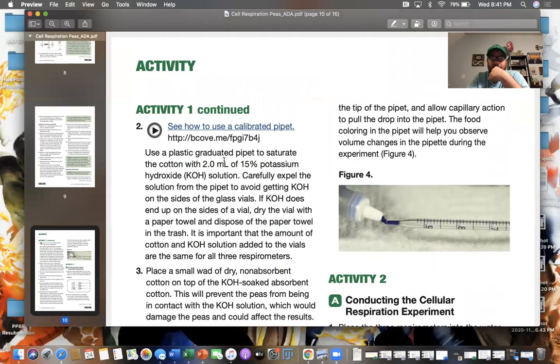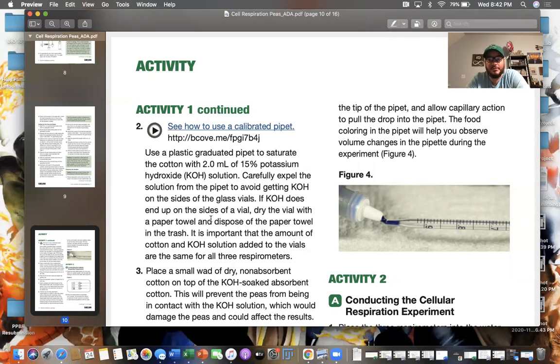Use a plastic graduated pipette to saturate the cotton with 2 milliliters of 15% potassium hydroxide solution. Carefully expel the solution from the pipette to avoid getting KOH on the sides of the glass vials.